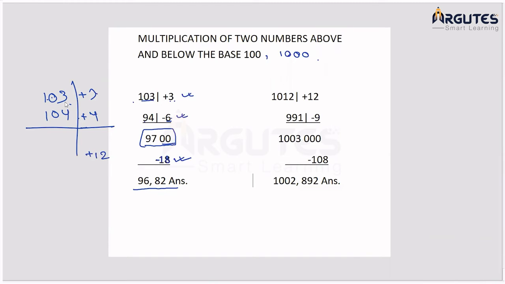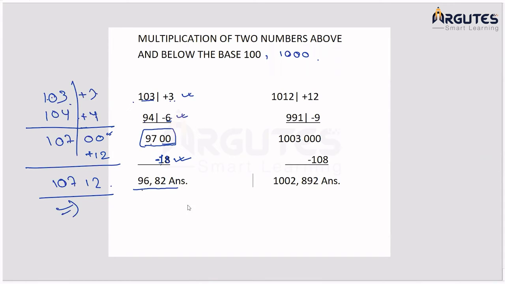Now 103 plus 4 is 107, so 10700, and then we add it and we write 10712. Here also we are doing the same concept, but here we have to subtract, and there we have to add. So for addition we write it directly, for subtraction we write 9700 minus 18, that is 9682.